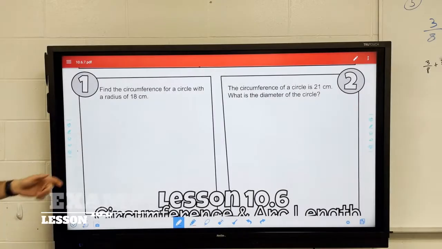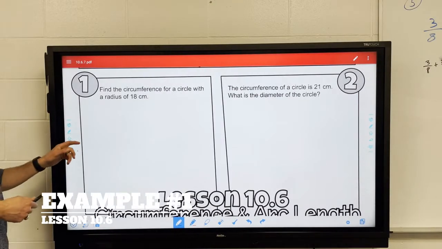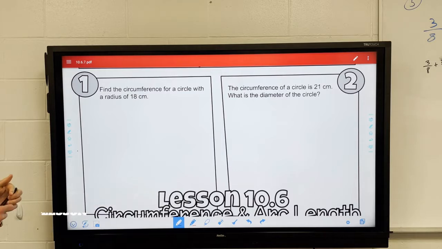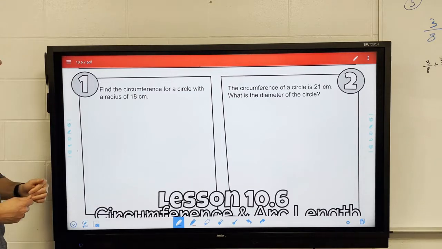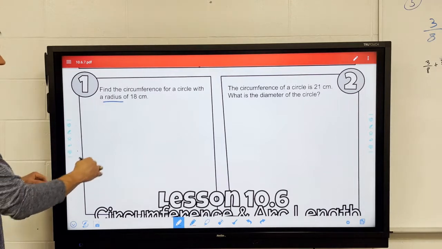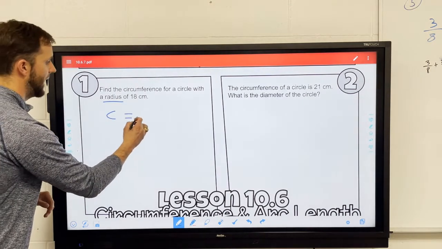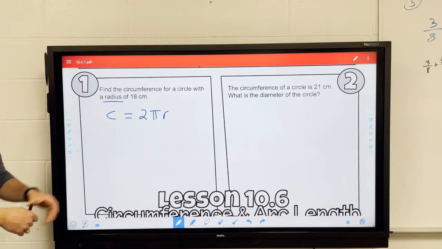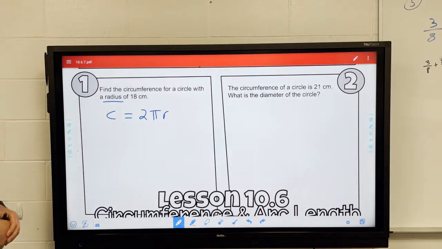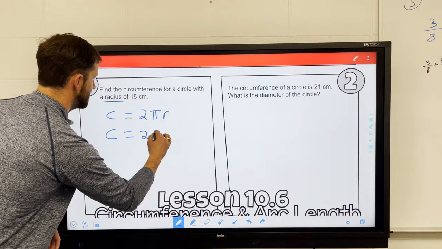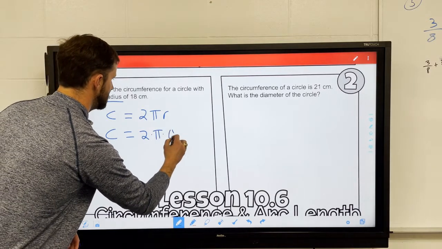All right, looking at example number 1. The first thing it asks me is to find the circumference for a circle with a radius of 18 centimeters. So right now they're giving me my radius. That means if I look at my formulas up top, to find the circumference I'm going to do 2 times pi times the radius. All I need to do is plug in that radius there. So circumference is equal to 2 times pi times 18.